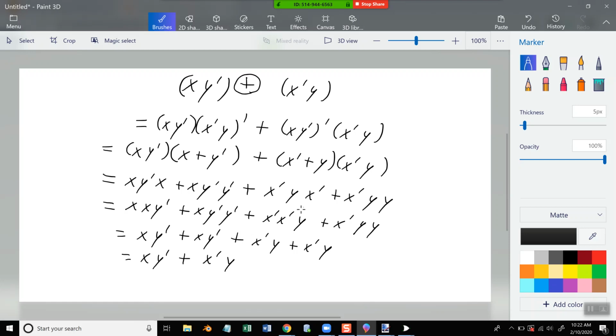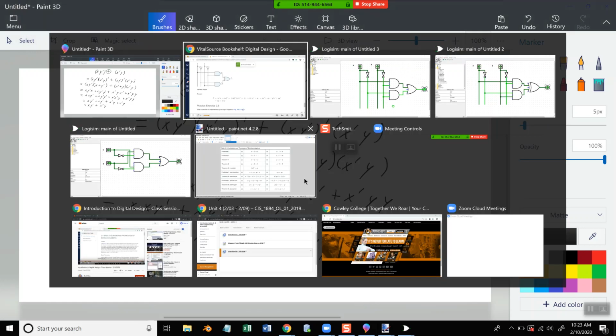X prime Y. X prime Y. Hmm. Assuming I looked at definition correct on that.